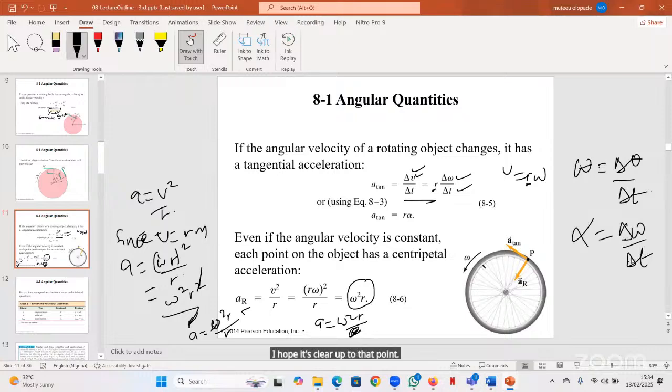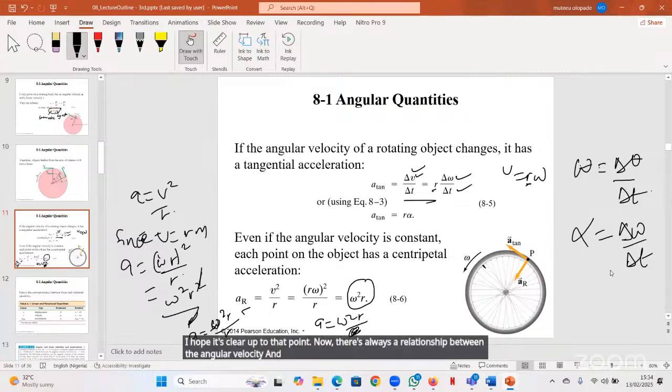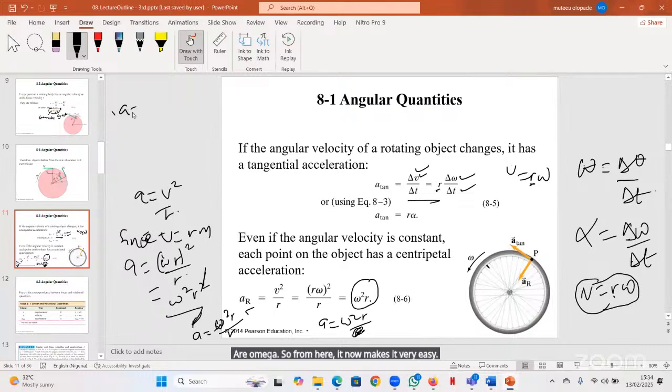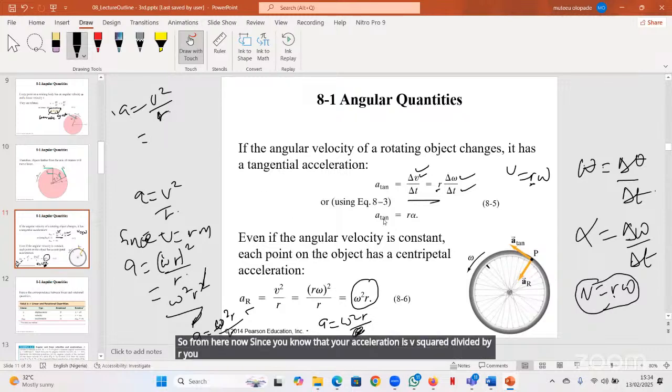Yes, sir. Now, there's always a relationship between the angular velocity and the linear velocity. And that relationship between them is that V is equal to what? R omega. So from here, it now makes it very easy when we have the acceleration to be V squared divided by R. So since you know that your acceleration is V squared divided by R, you can then bring in what you have here, that V is equal to R omega.